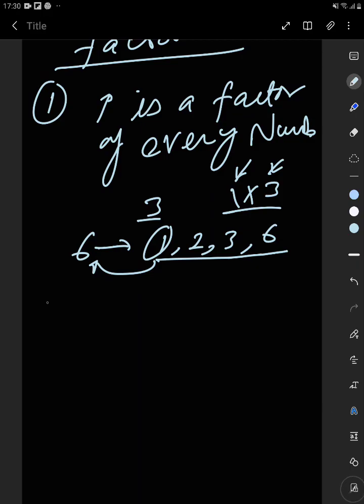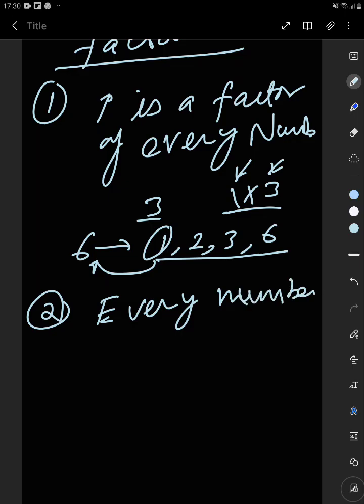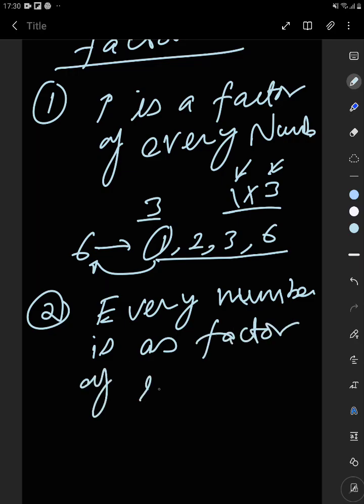Second is, every number is a factor of itself.